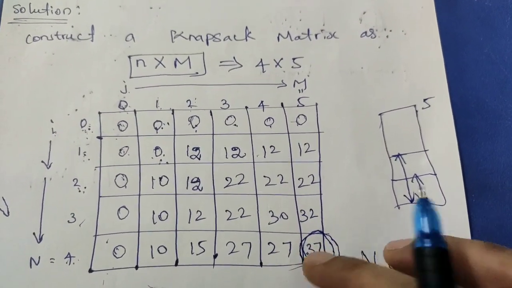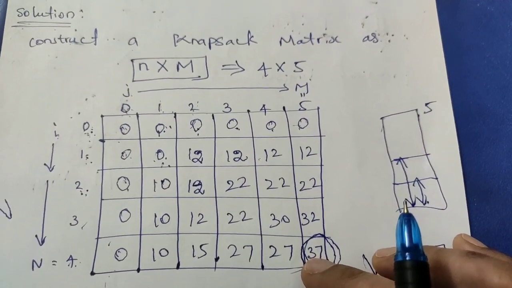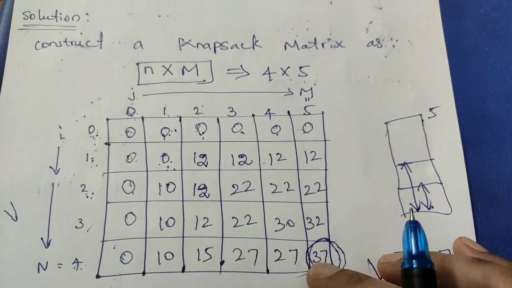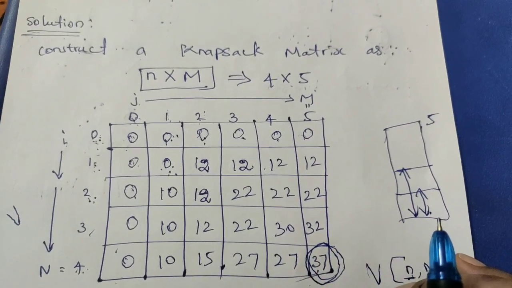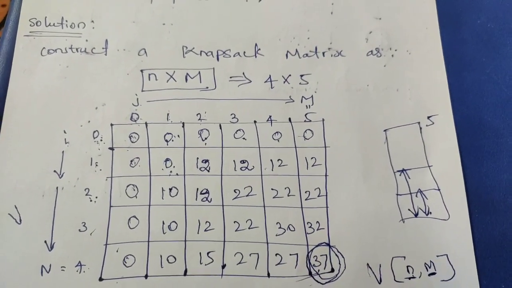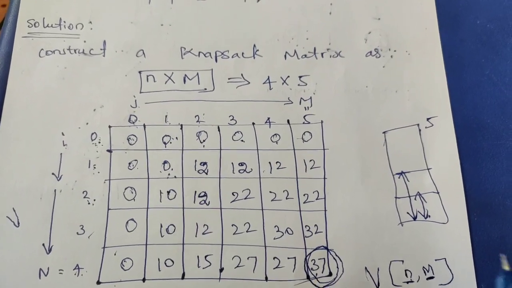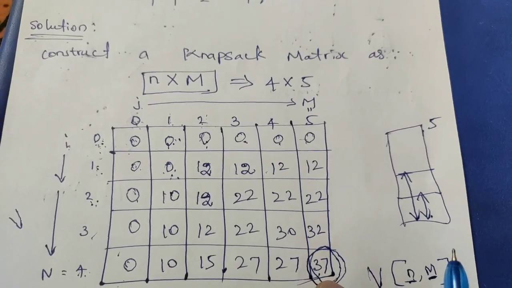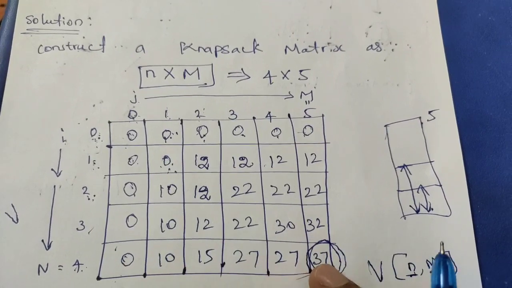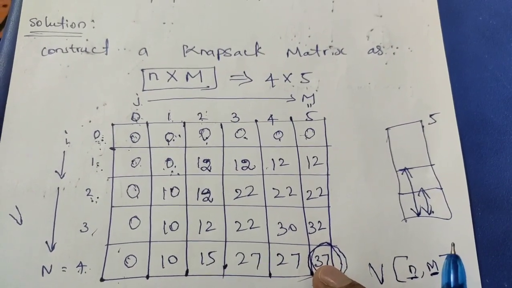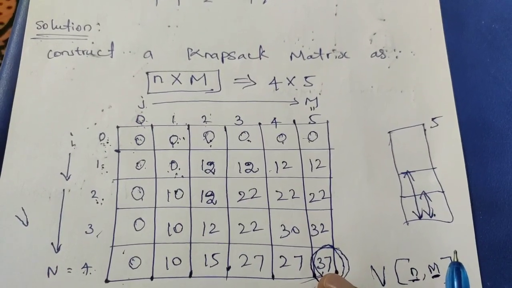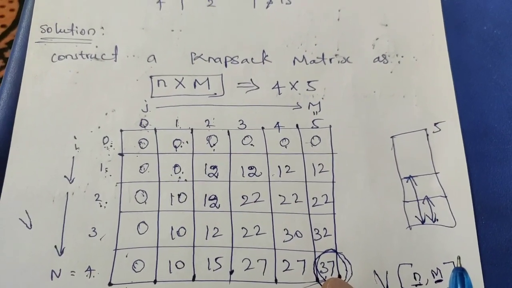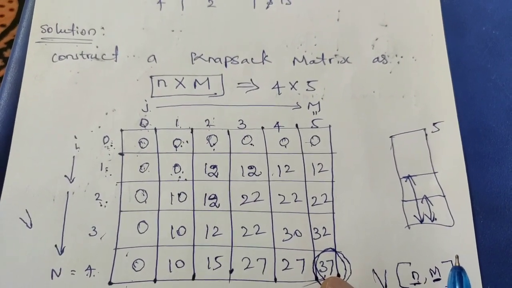Now, on top of this, you need to know which items got included into the knapsack. Once you find the maximum profit in the location 4, 5, the last location of your knapsack matrix, you need to find out which items got added to the knapsack.